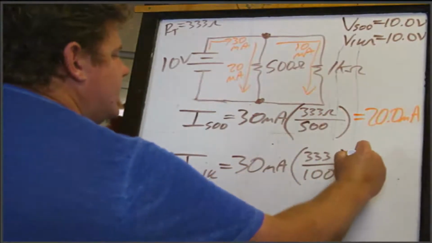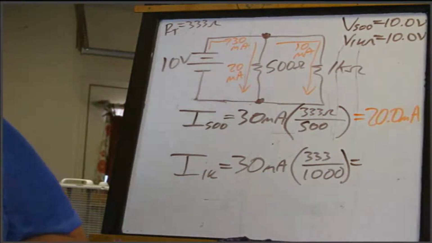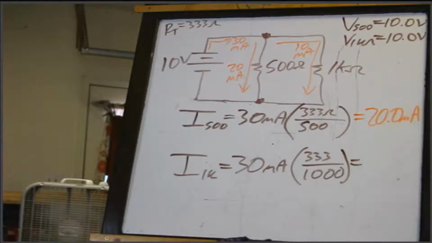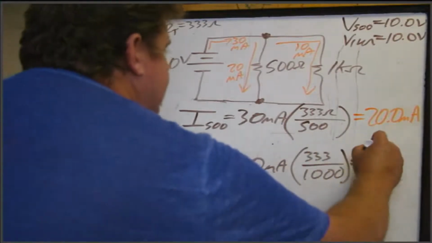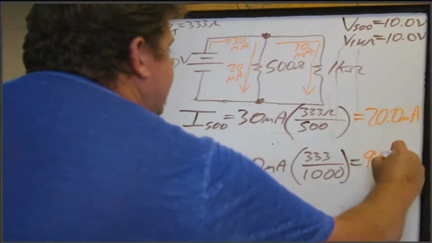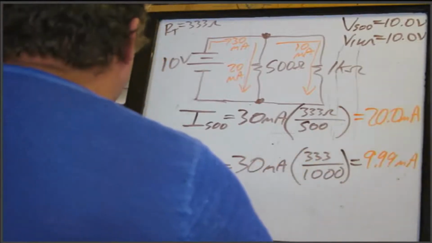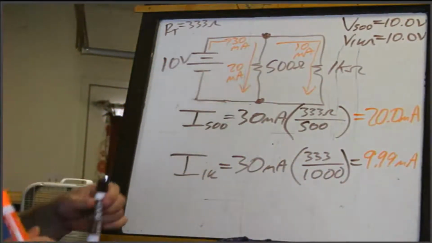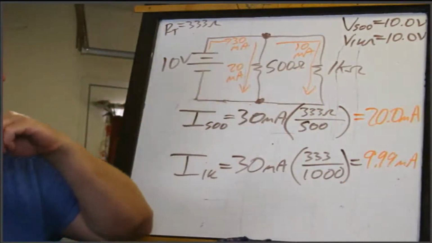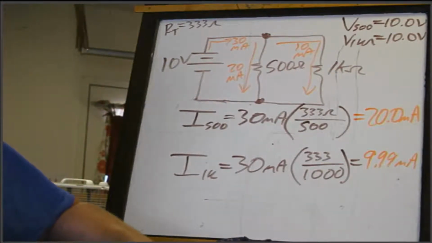But anyway, all right, there's the equation. And so mine actually turns out to be 9.99 milliamps. Okay, now obviously if we round that up, that is 10. So it looks like we did it correctly, right?